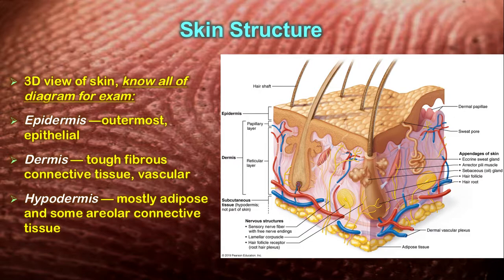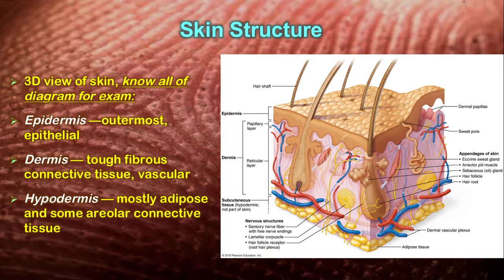Now, nervous structures. You've got a couple of things here. The sensory nerve fiber with free nerve endings. Anything that you see that is yellow, other than adipose tissue, is going to be nervous tissue. So the free nerve endings are these yellow lines that just end. They're free; there's nothing on the end of them.